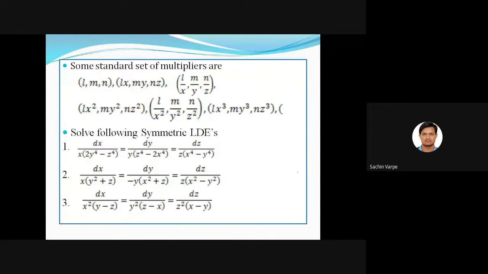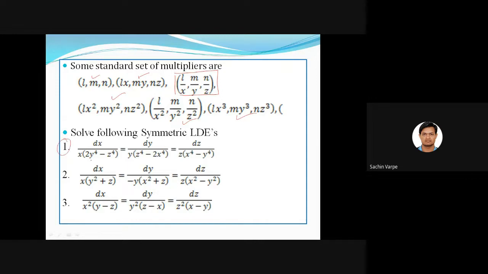For example, you can see here some standard sets of multipliers are l, m, n, or lx, my, nz, or l by x, m by y, n by z. That is our convenience, our choice, so that the denominator will be 0. There are infinitely many such choices.